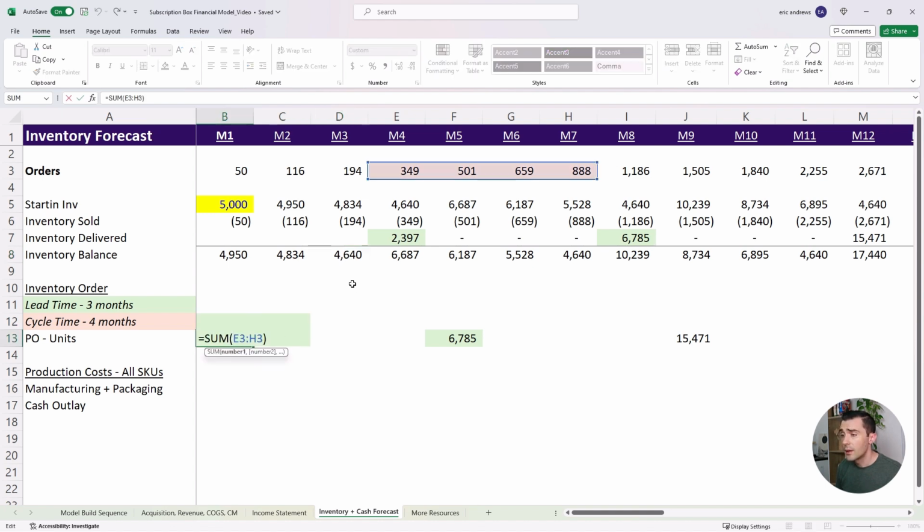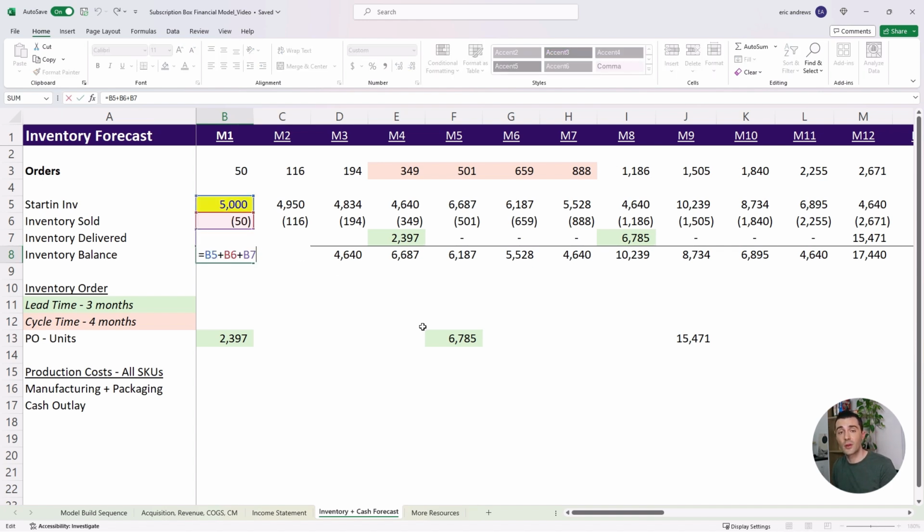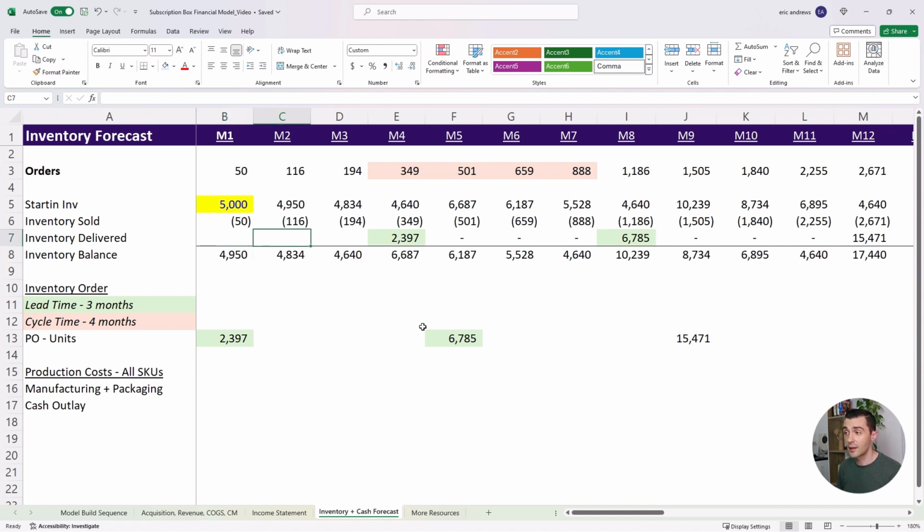We start with 5,000, and to figure out how much total inventory we have, we basically take our starting inventory and subtract how many orders we've sold. So we have our starting inventory minus orders we've sold. We have 4,950 units at the end of the month. Then at the start of the next month, we have however much inventory was left at the end of month 1 minus the orders. So we have 4,800.